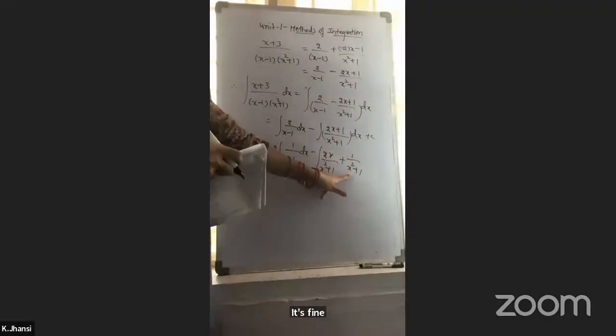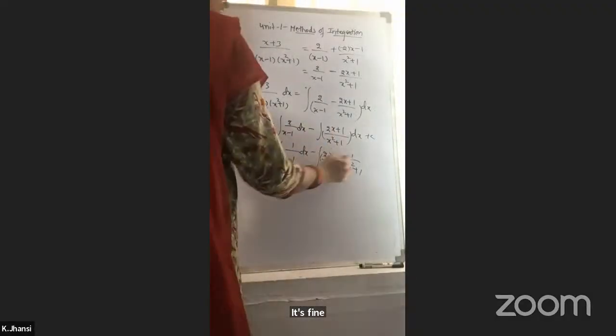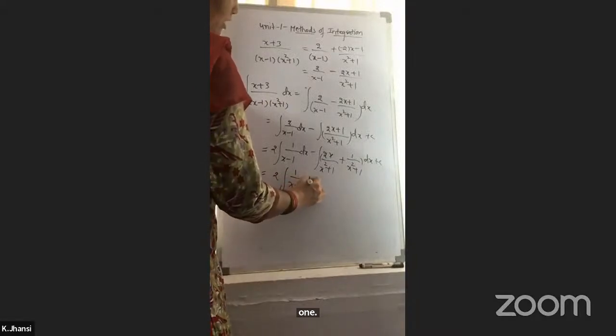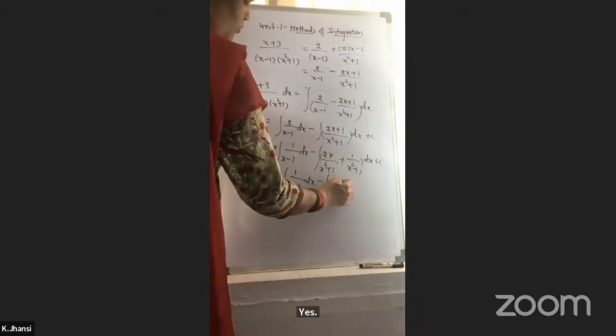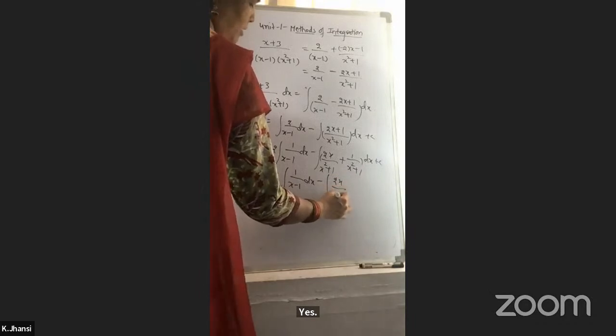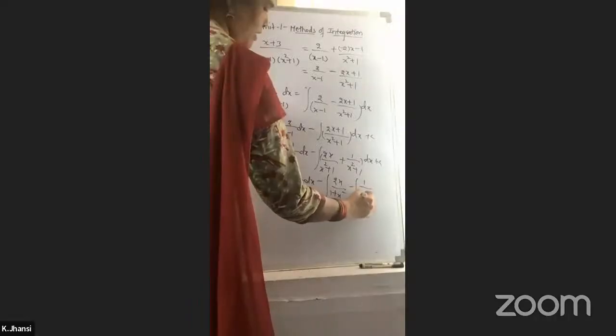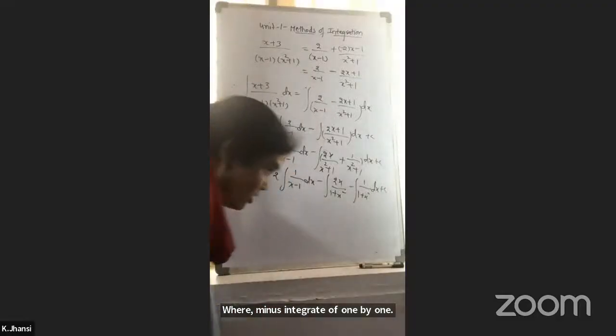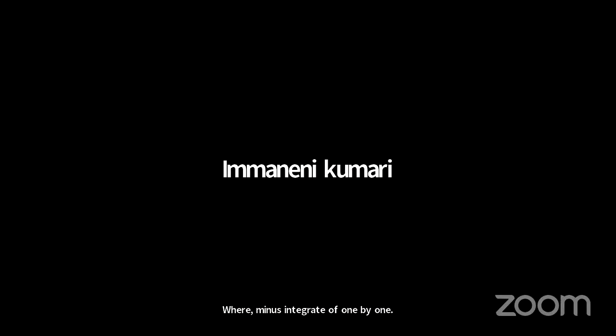You are splitting the numerator as 2x by x square plus 1 plus 1 by x square plus 1, so that it becomes 2 times the integral of 1 by x minus 1, minus the integral of 2x by x square plus 1, minus the integral of 1 by 1 plus x square. So now in the denominator, the whole thing is taken as x.